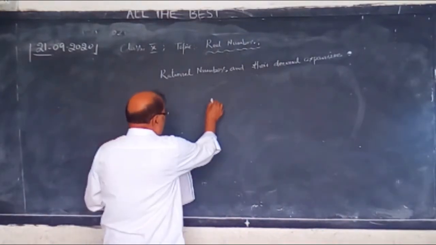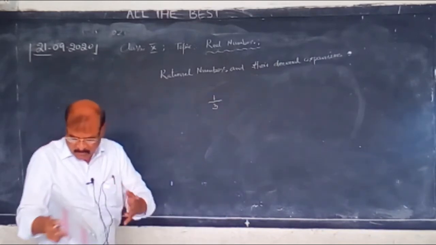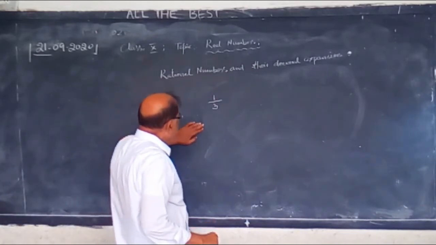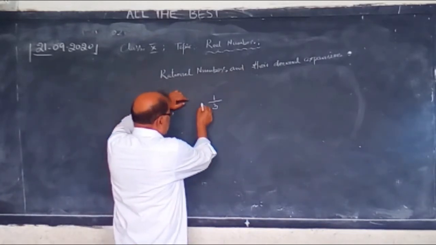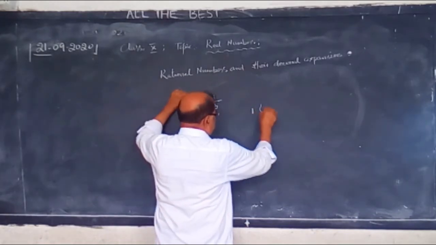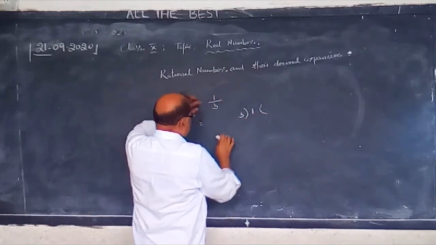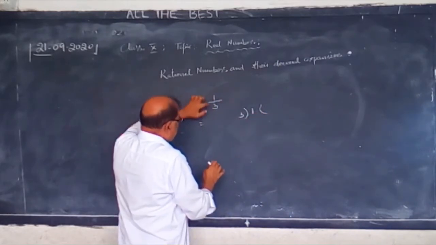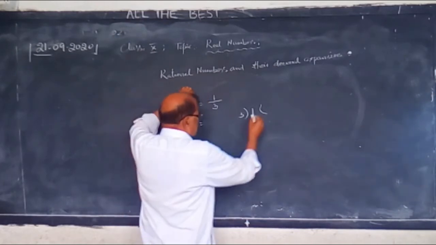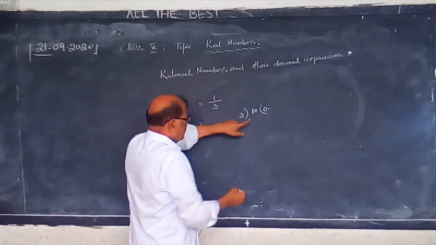So here, 1 by 3. Let us see this. 1 divided by 3. It doesn't go, so the denominator is greater than the numerator. So you will be getting a decimal fraction less than 1. So take point, it becomes 10.